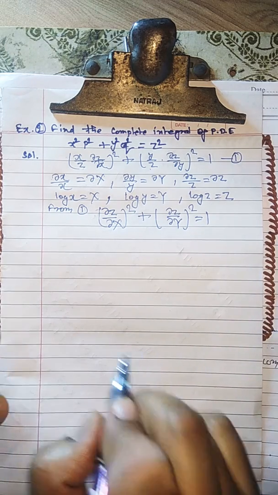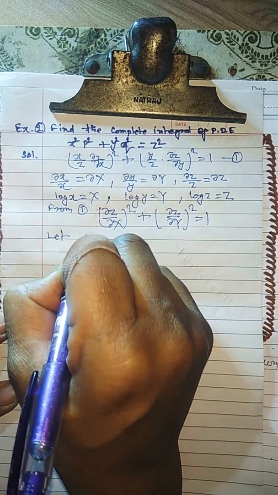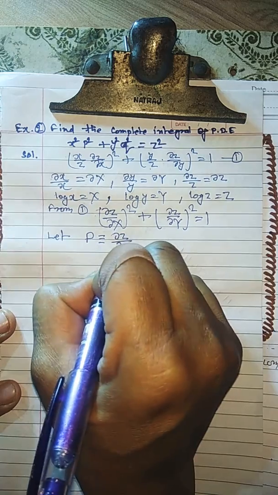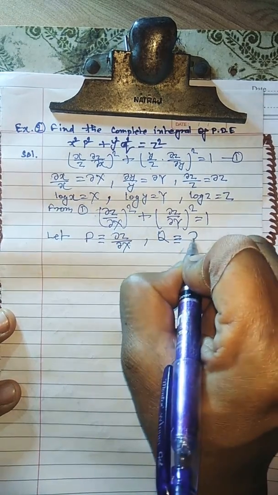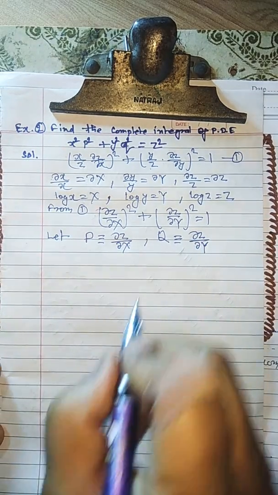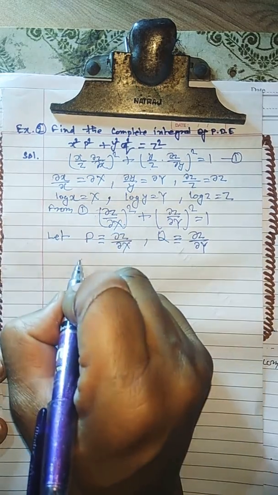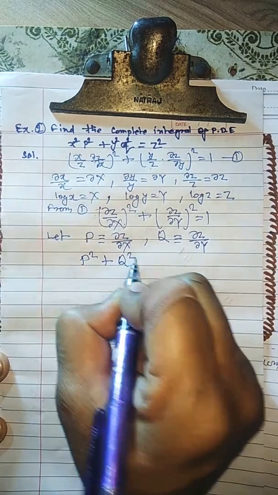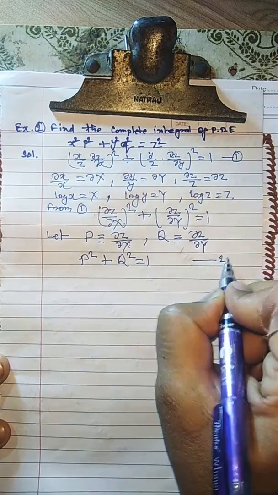Okay, now assuming capital P is equal to del capital Z upon del x, and capital Q is equal to del capital Z upon del y, we can write this equation in the form capital P square plus capital Q square equal to 1.